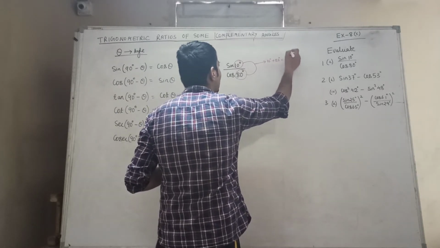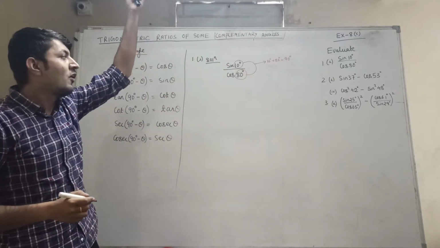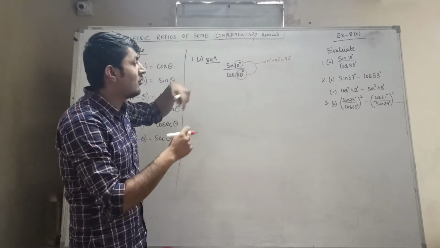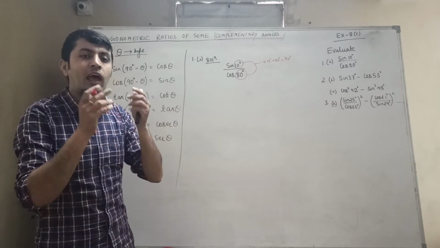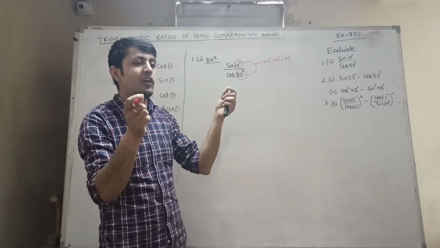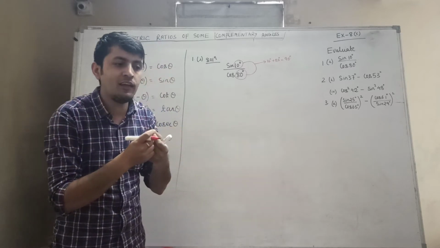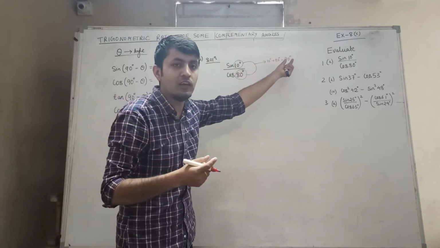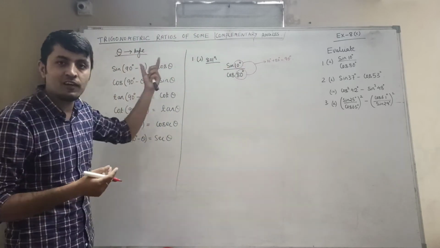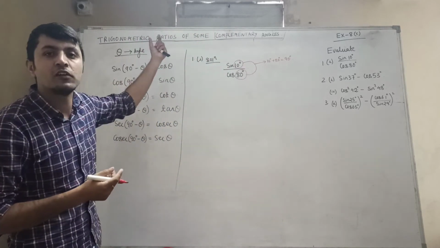You are going to get 90 degree. So whenever you see any problem, you try to add the two given angles, and if the sum comes to be 90, then you can use your complementary angles formula for your trigonometry.